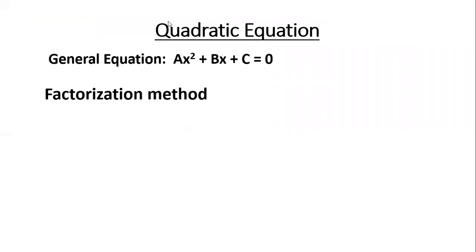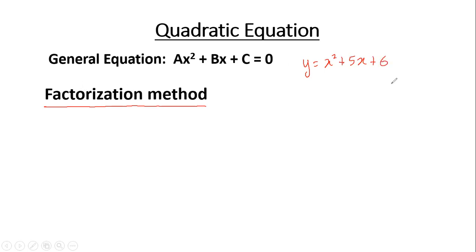Now the very basic idea of a quadratic equation, as I told you, the general equation is ax square plus bx plus c. The first very basic method of solving a quadratic equation is factorization method, or we also call it middle term splitting. So let's understand. If I say a quadratic equation is, let's say y is equal to x square plus 5x plus 6, just a hypothetical example.